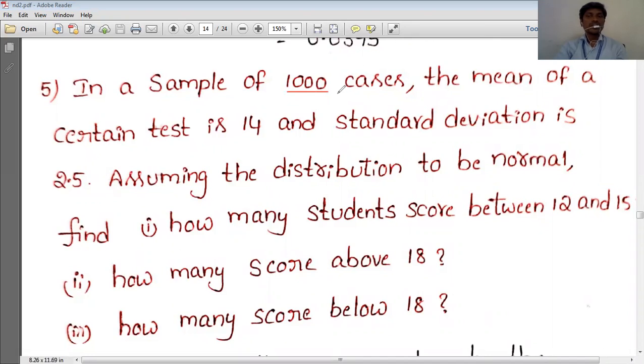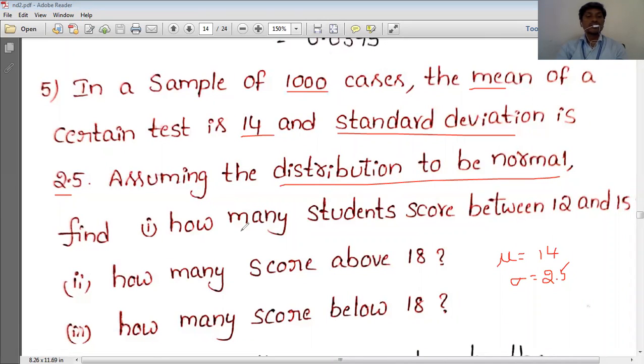There they give the mean and standard deviation. In the same way here, the mean is 14 and the standard deviation is 2.5. So the mean we represent as mu, which is 14, and the standard deviation sigma is equal to 2.5. The distribution is normal.